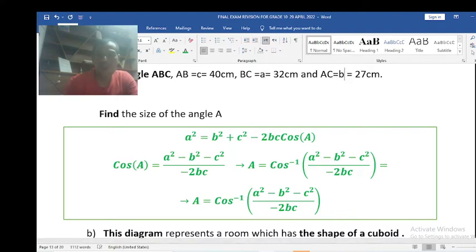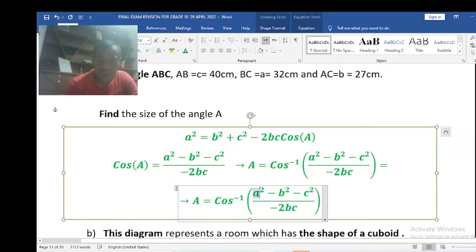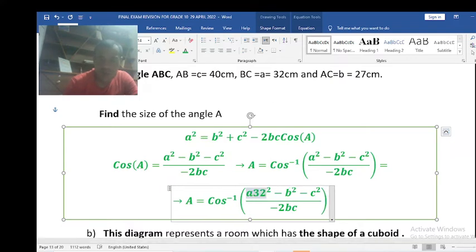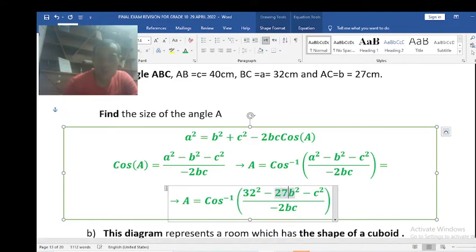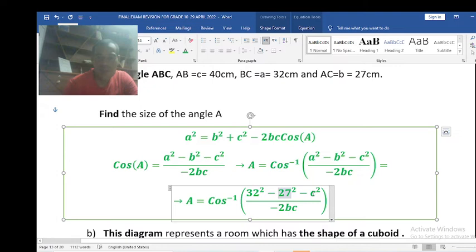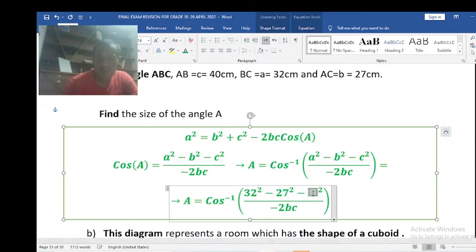Clear? Now I will use this fact. A squared is 32 squared, then b squared is 27 squared, then c squared is 40 squared.